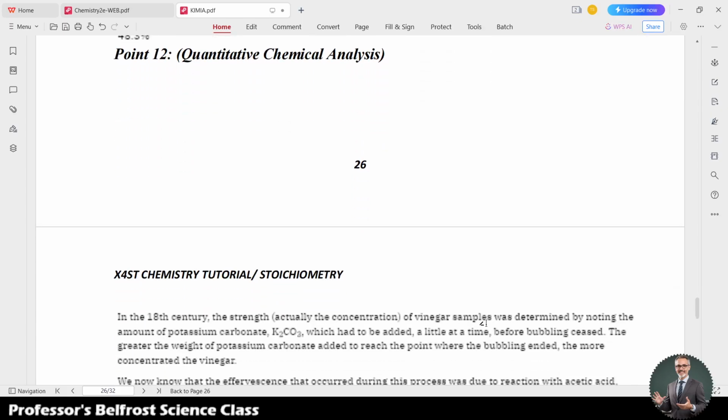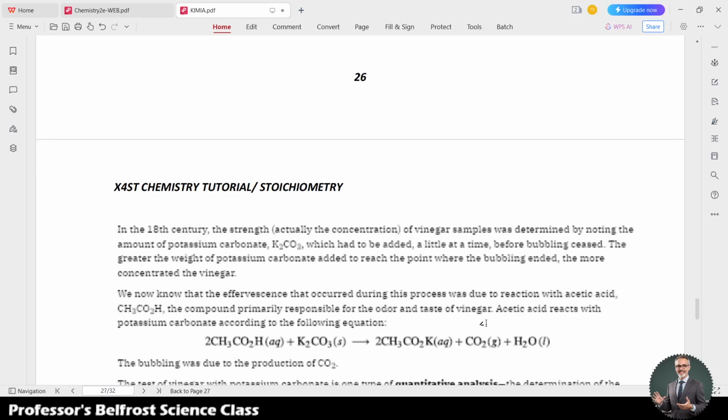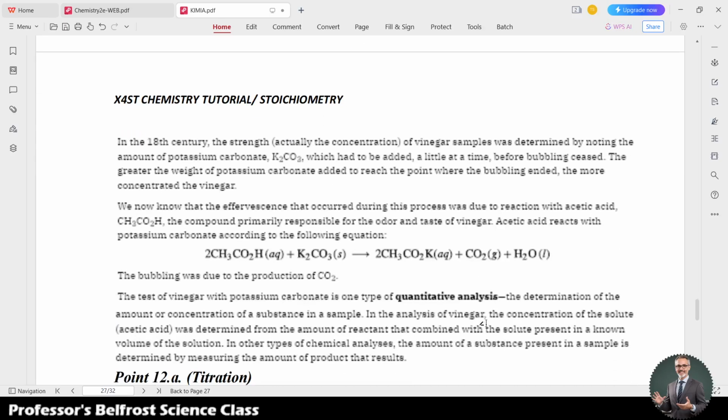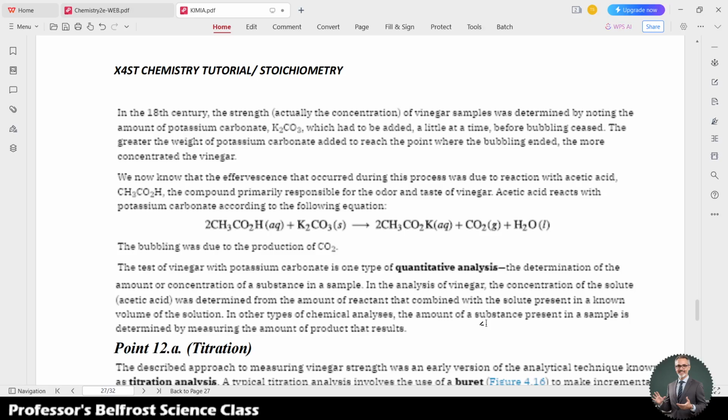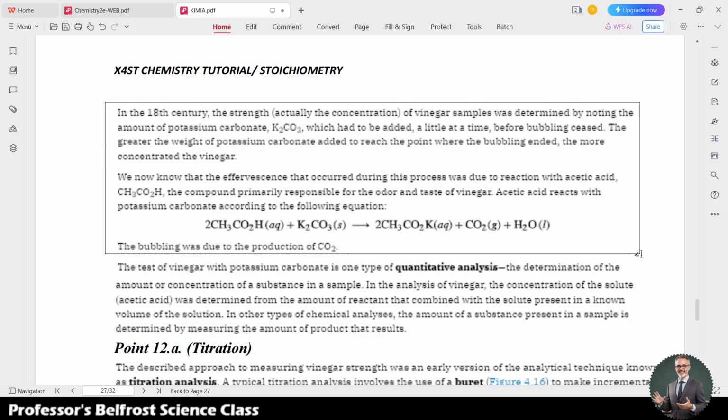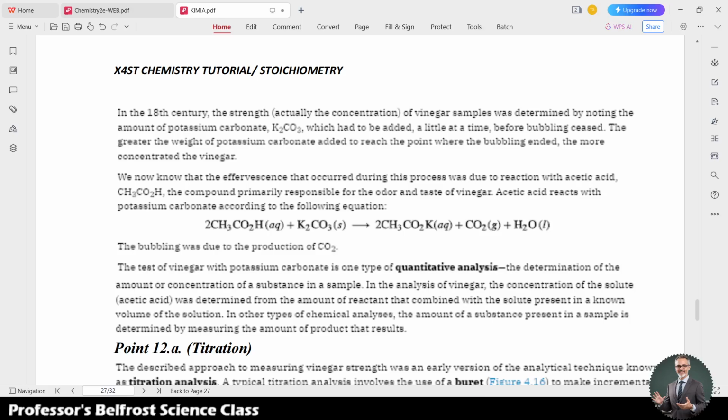Now next point, quantitative chemical analysis. I want you to read this paragraph by yourself. What is described in the paragraph is what is called quantitative analysis, which is the determination of the amount or concentration of a substance in a sample.